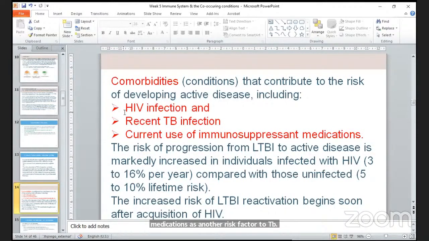For example, if you're using ARVs, as much as it is good, there are also chances of it interfering with the immune system in a way such that the latent TB can find it easy to attack the body and become active TB. Good.